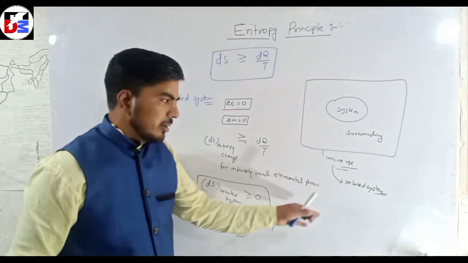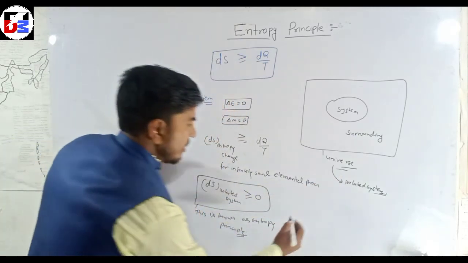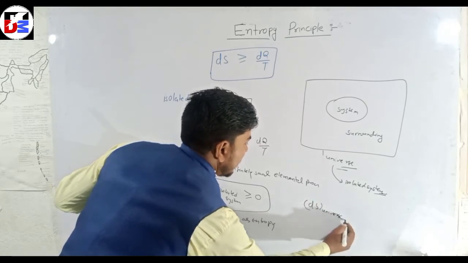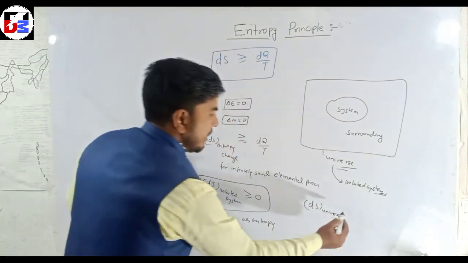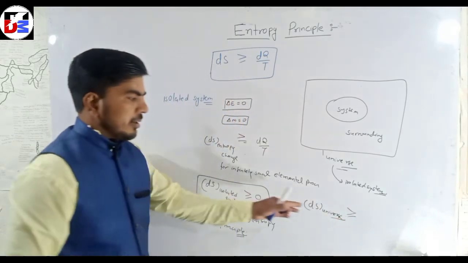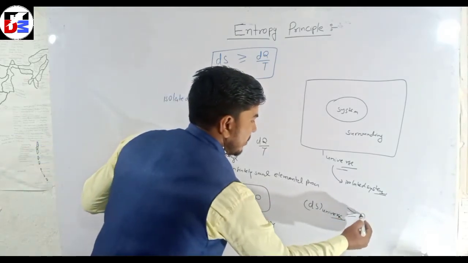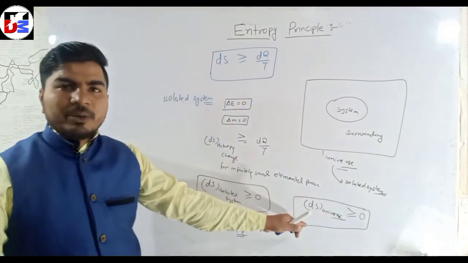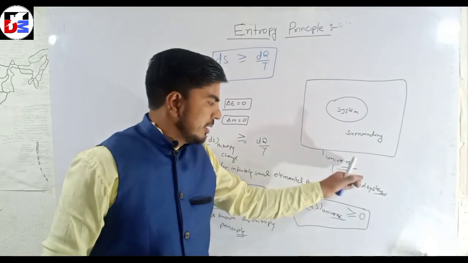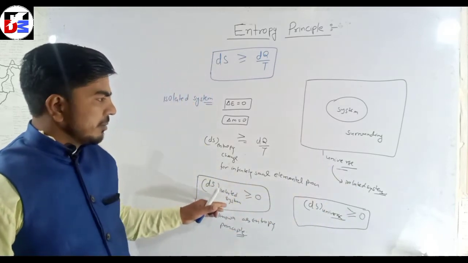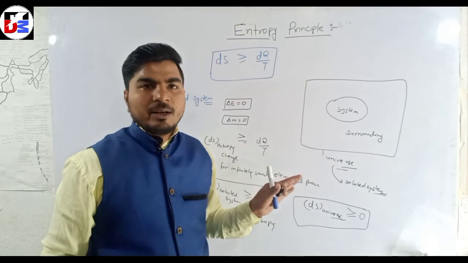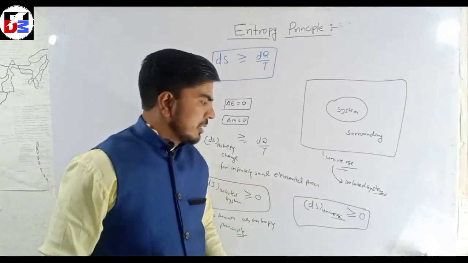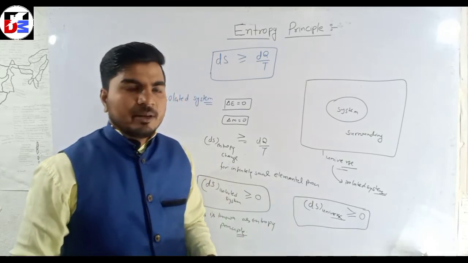So for the isolated system, here dS of universe is always greater than or equal to 0. That's why we say the entropy of the universe always increases, because the isolated system is the universe. The universe is assumed to be an isolated system, and the entropy of the universe is also increasing.